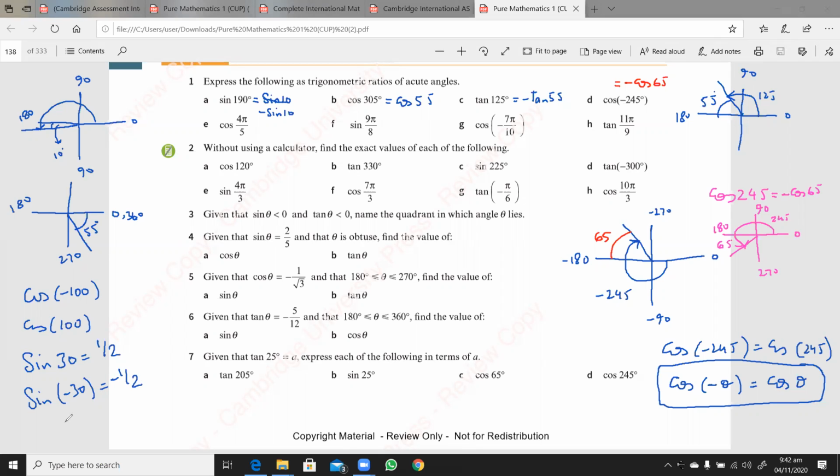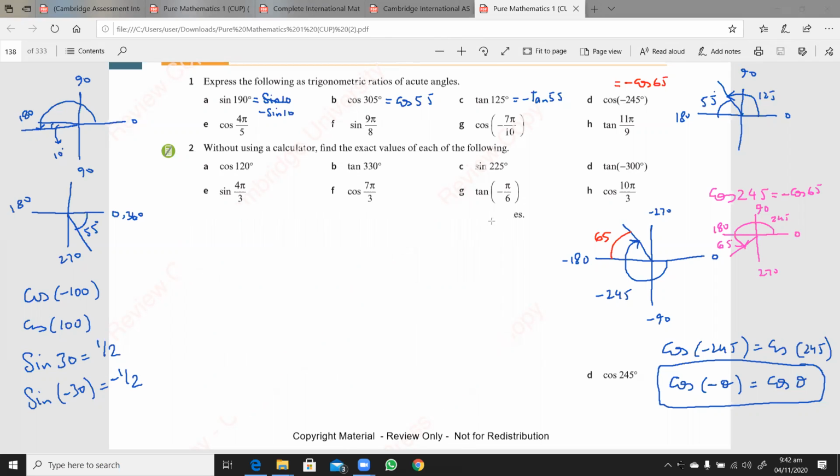This means that we can say that the sine of minus theta is equal to minus sine theta. So whenever you see sine of minus theta, that is minus sine theta. Can someone tell us through the diagram why it is true that sine of minus theta is the same as minus sine theta?